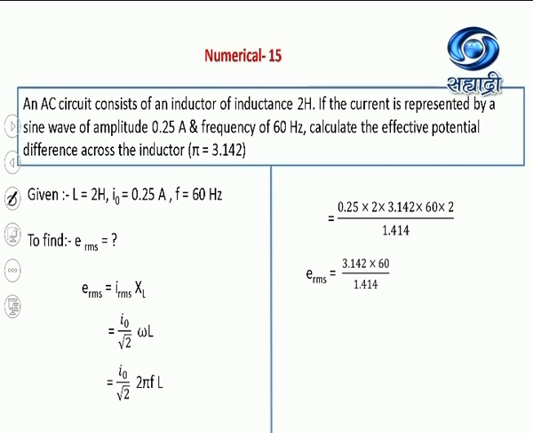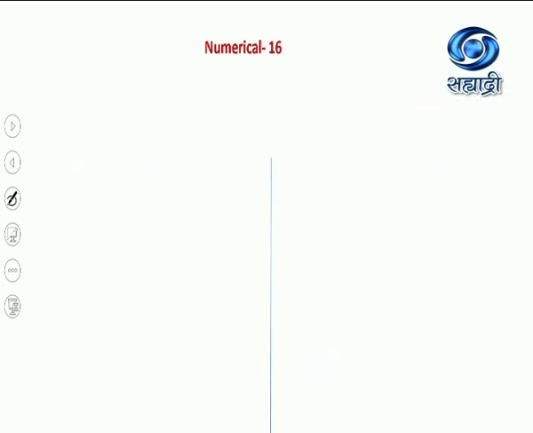So E RMS is 3.142 into 60, because 0.25 into 2 into 2 will be 1. So E RMS is 3.142 into 60 divided by 1.414, and with this the RMS value of the EMF is 133.32 volt. This was problem number 15.